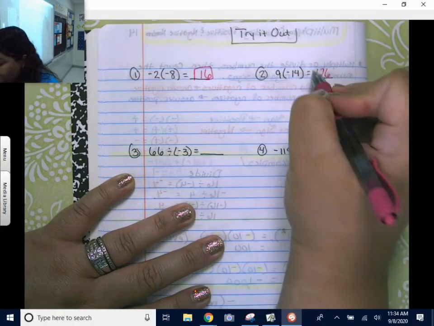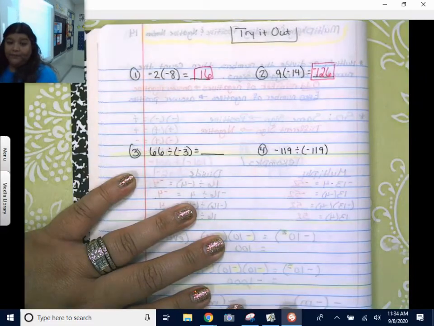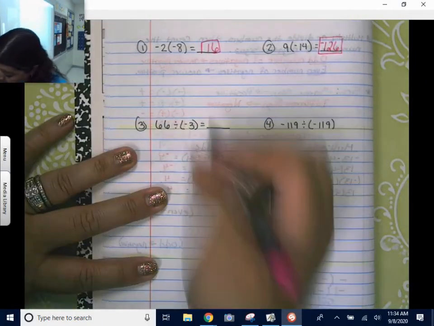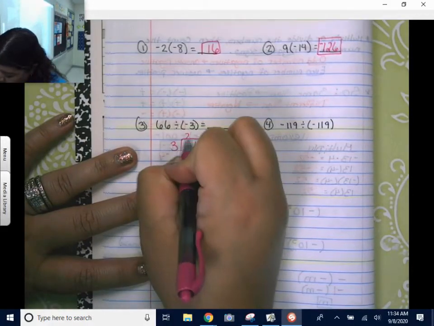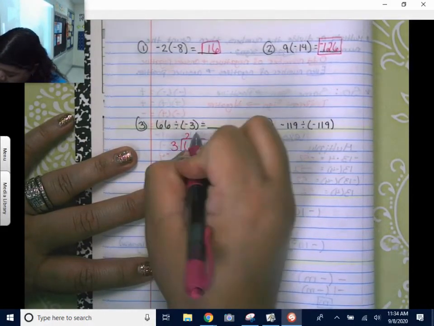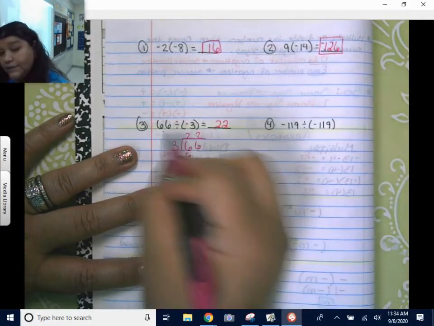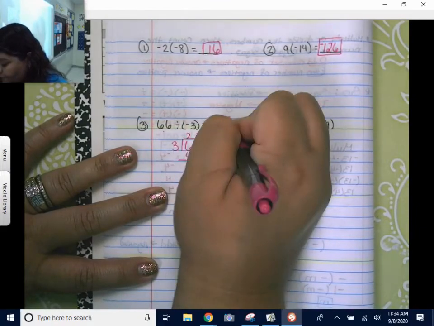The signs are different, so it should be a negative 126. 66 divided by negative 3, so I'm going to divide like normal. 66 divided by 3 gives me 22. My signs are different, so it should be a negative 22.